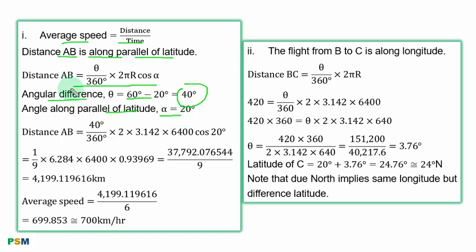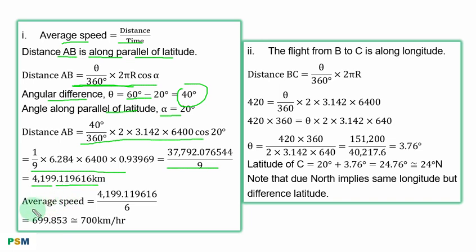You come here and replace the various parameters with what they stand for. You have it in this form. When you simplify further, you have this result and this result. After division, you have 4,199.11961 kilometers.